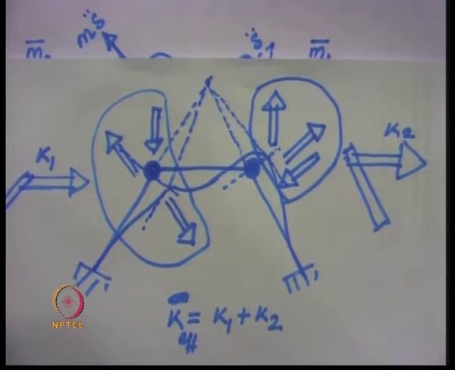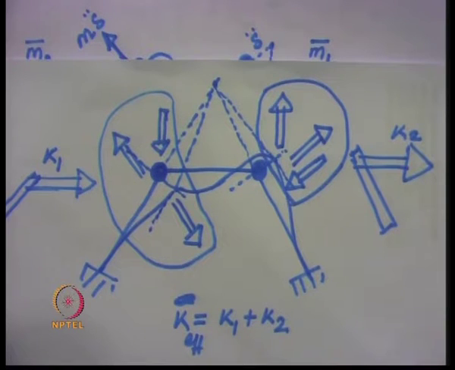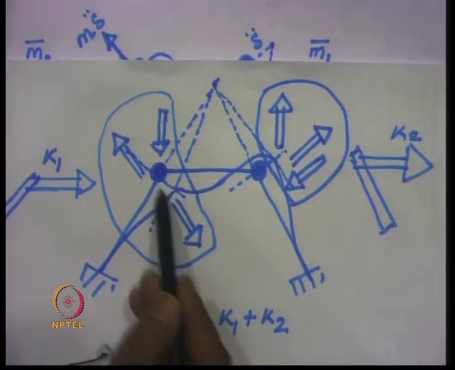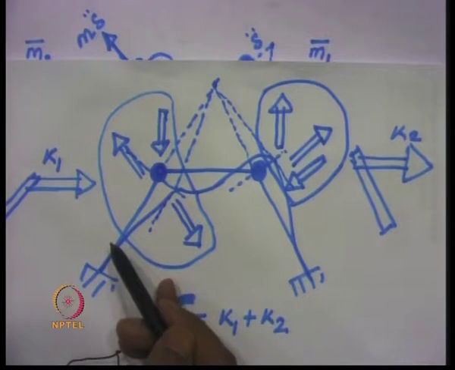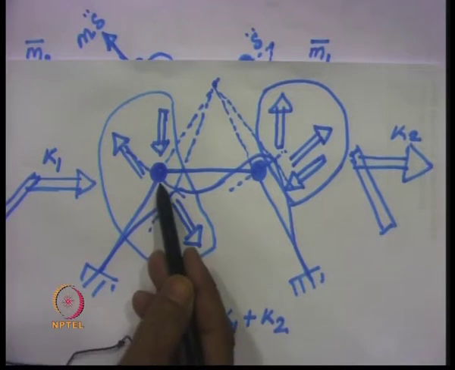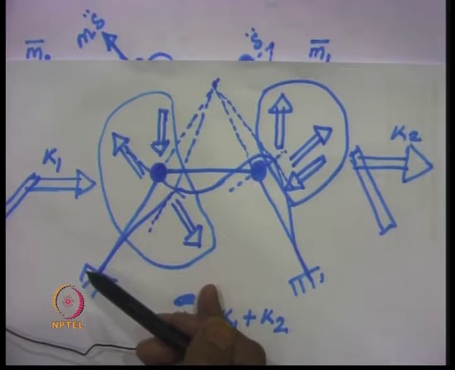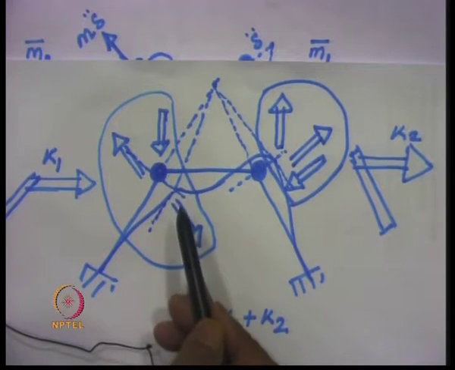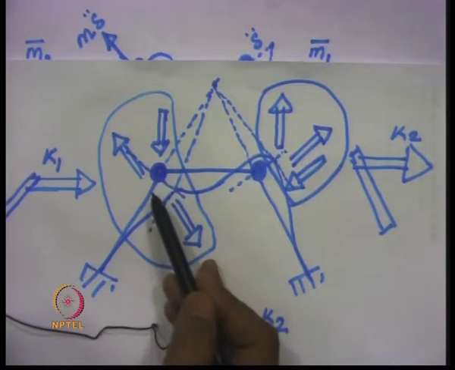Therefore, the condition of inextensibility is maintained. Now, once we have that, one can find out the forces that are generated at these points due to this rotation. First, let us consider this beam.